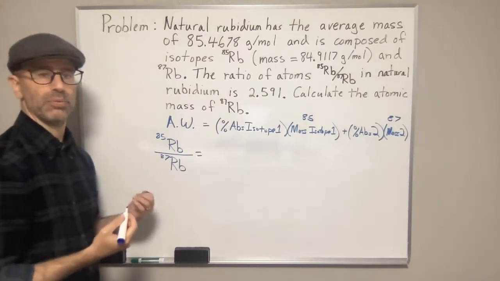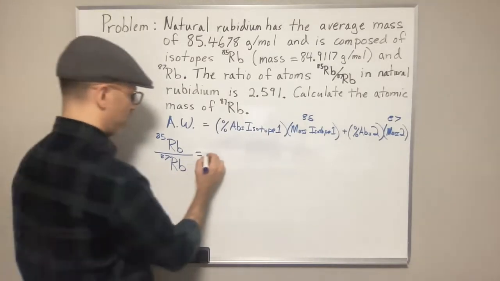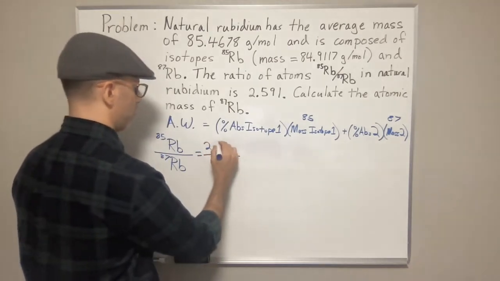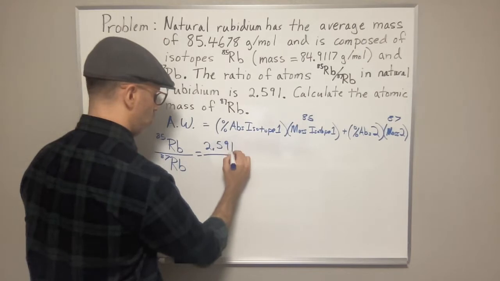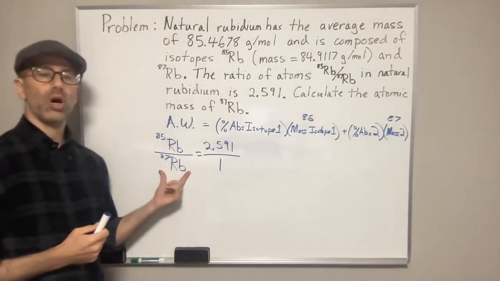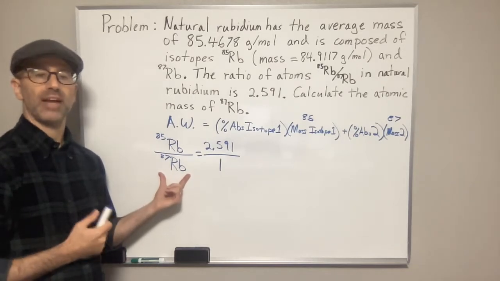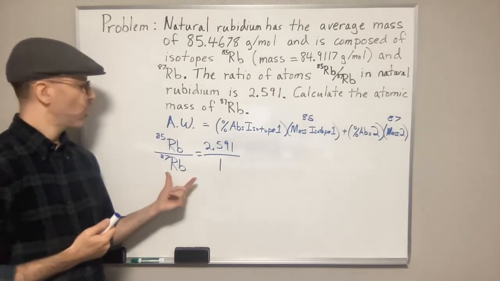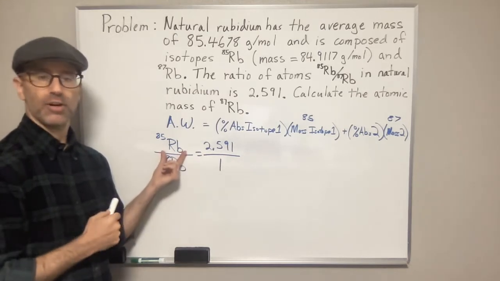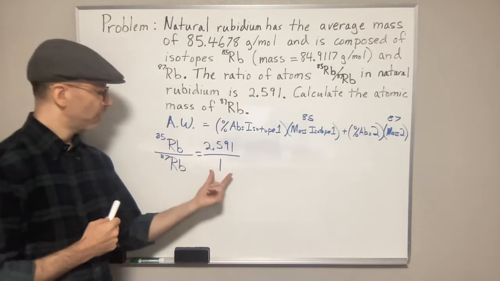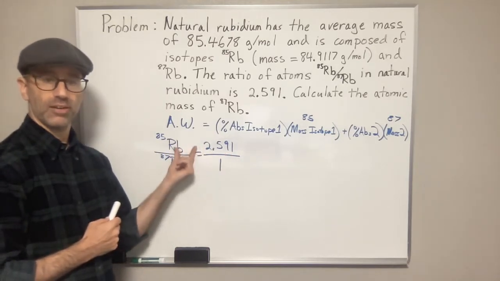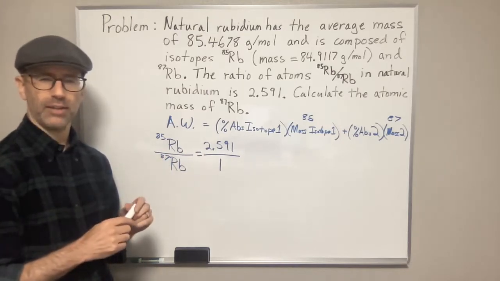Well, that's the same as 2.591 over 1. So what this is saying is that for every one rubidium-87 isotope or atom we have, we're going to have 2.591 rubidium-85 isotopes. So if I have one of these, then I'm going to have 2.591 of these. So that's how we want to understand this.